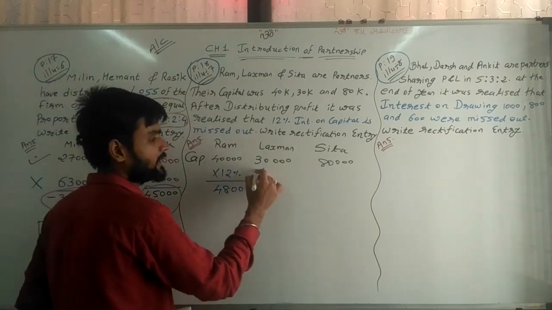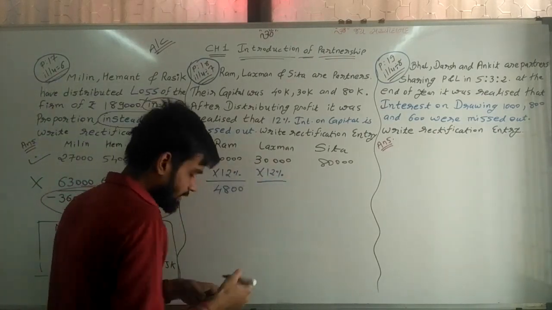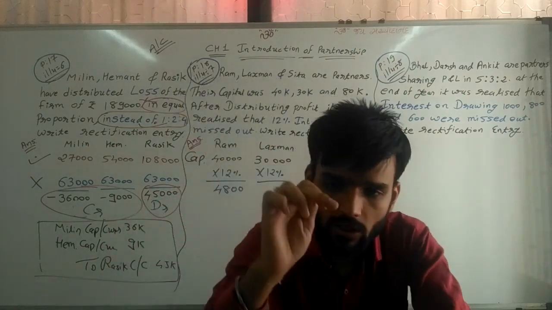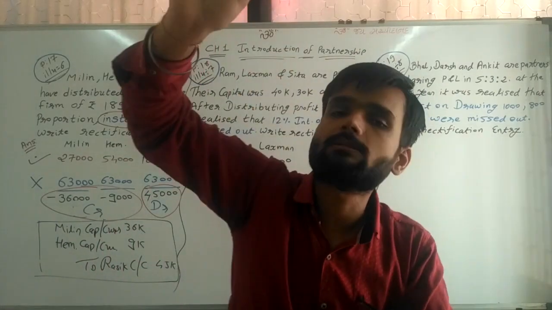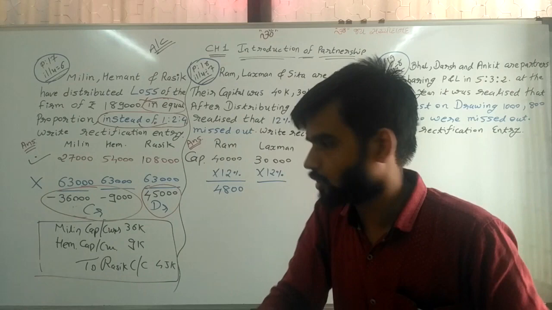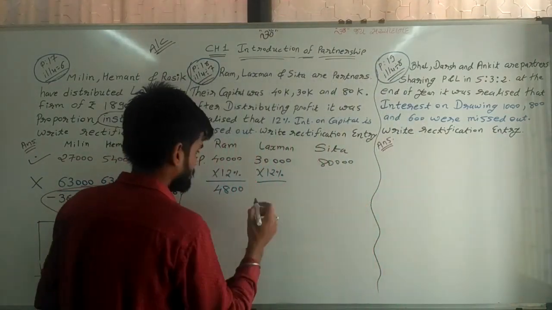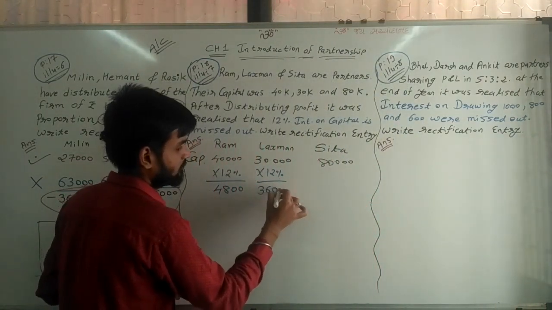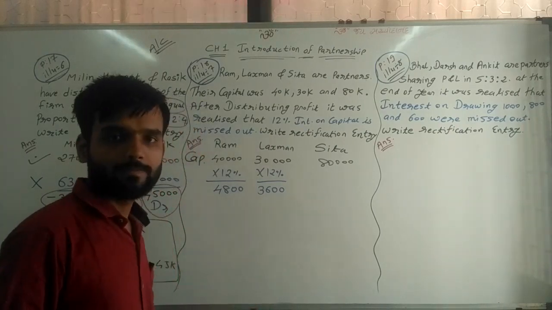Same way, on 30,000, in the calculator write 30,000 into 12%, you will get 3,600 rupees.